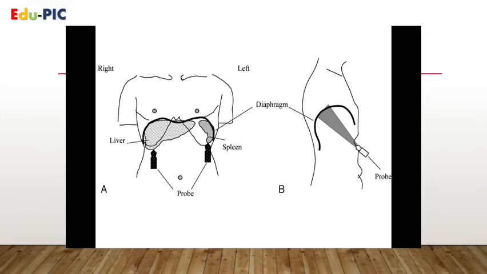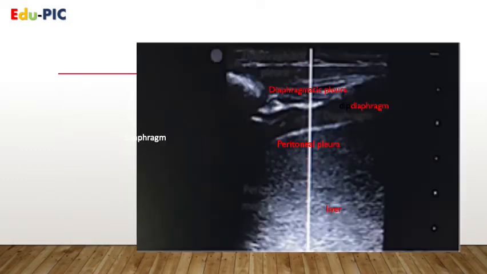This is the probe positioning for the right hemidiaphragm, and this is for the left hemidiaphragm. And here you can see this image. You can see here the diaphragmatic pleura. Here is the diaphragm. And here is the peritoneal pleura.